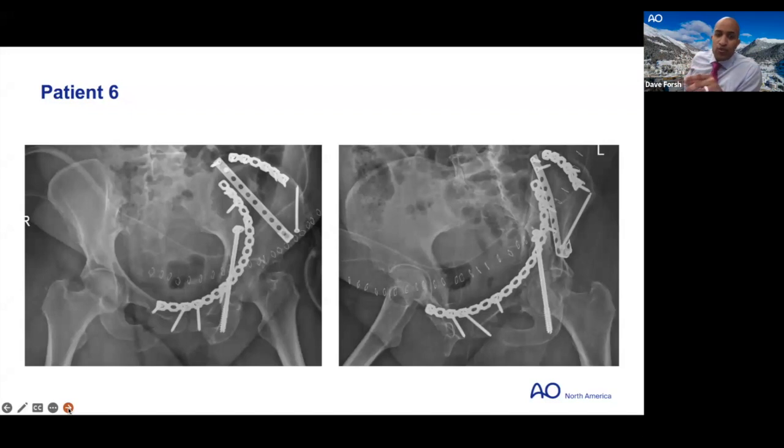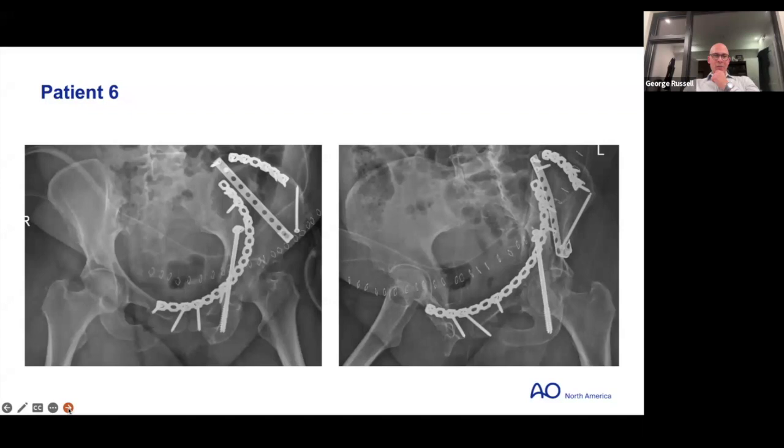If you wanted to do some more brim work, even working through the same portal that you would almost be afforded through the middle window, you could just work through that ASIS, AIIS osteotomy that the patient gave you, and then that would be the last fragment that you could reduce home if you wanted to exploit that. So that's an option when you have that particular fracture pattern.